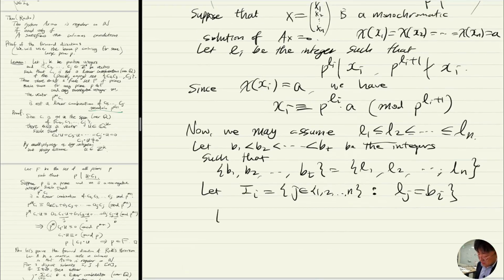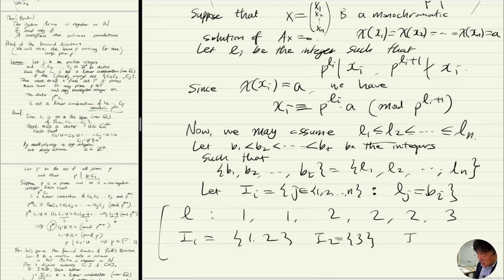So for instance, if L is 1 1 2 2 2 3, then I1 is going to be 1 2, I2 is going to be 3 4 5, and I3 is 6.